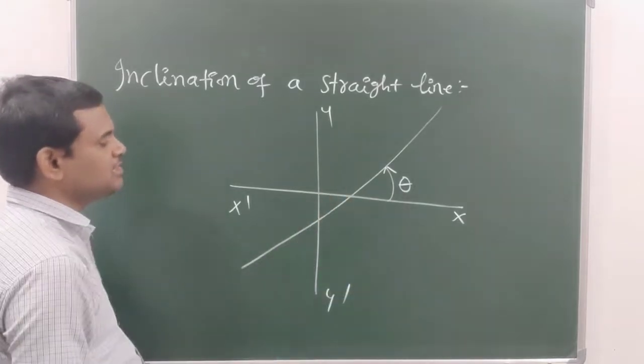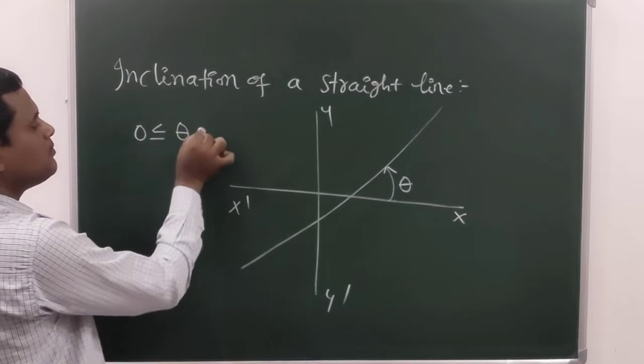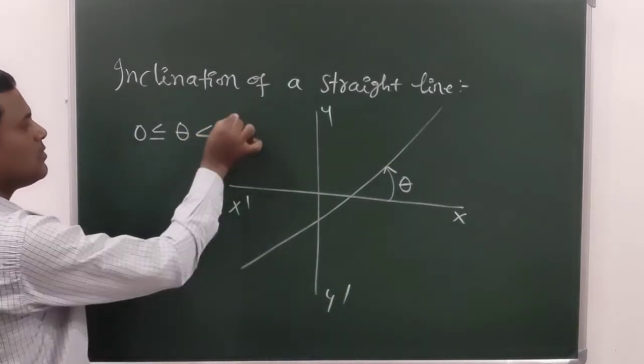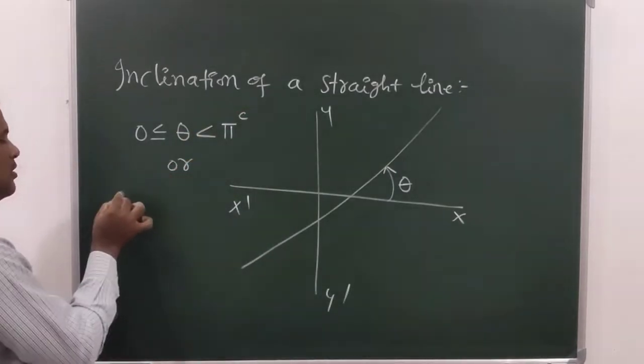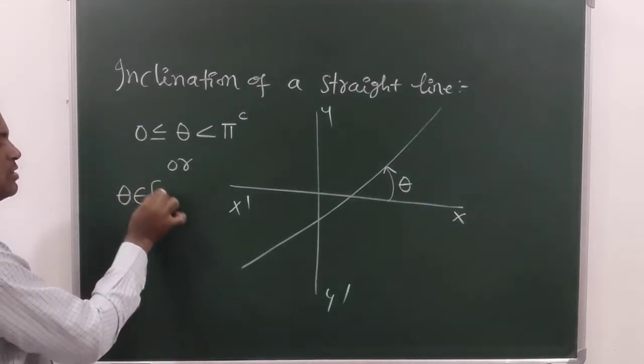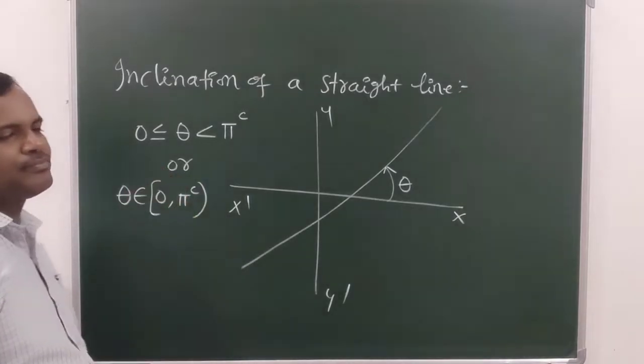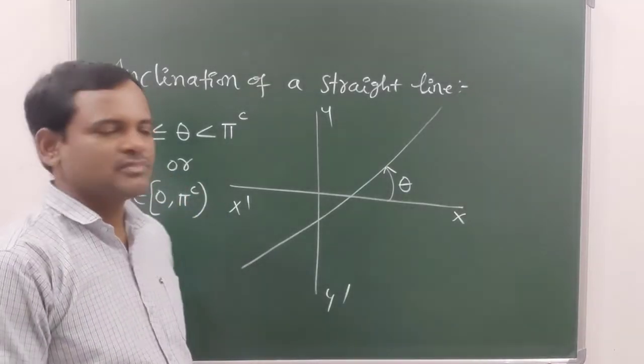This inclination belongs to 0 to pi, or theta belongs to the interval where 0 is included and pi radians is not included. Observe that.